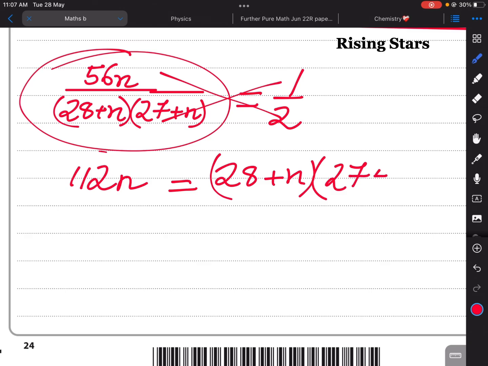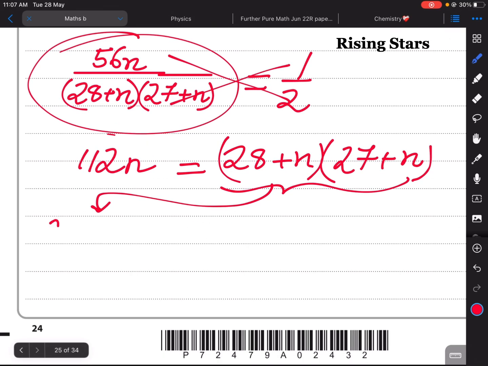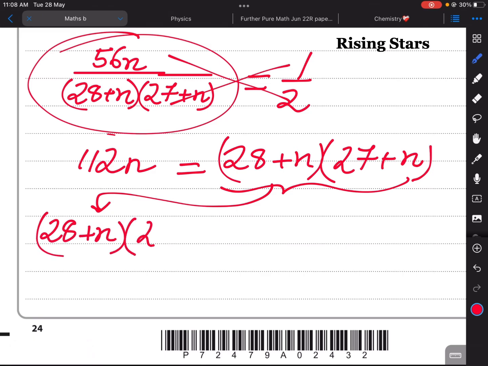27 plus n. Okay, so on the right hand side we have this, so let's write it a bit smaller. So 28 plus n, 27 plus n equals 112n.